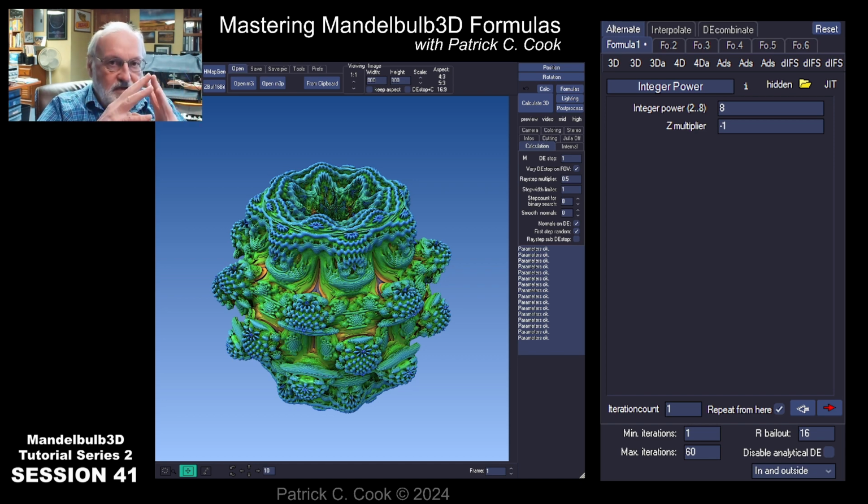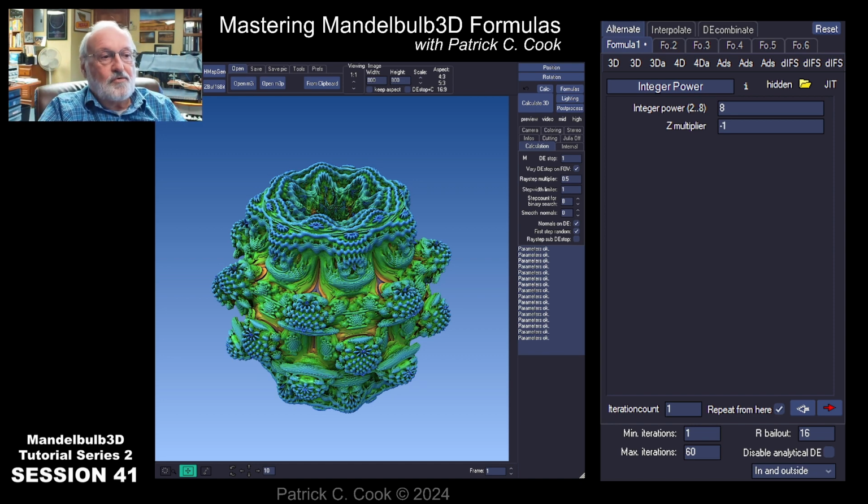So the point being is that Interpolate and DEcombinate are actually modifying the graphics on the screen mathematically, whereas the alternate mode, the alternate hybrid mode, is not. It's not modifying the math until you get into the properties and the iteration count.